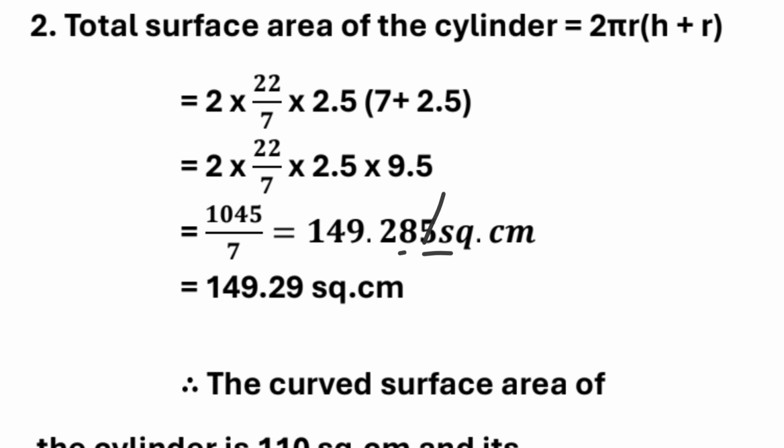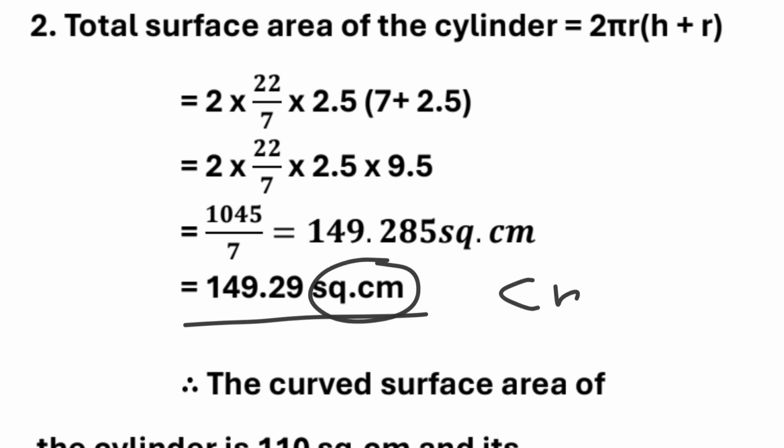Now 5 or bigger than 5, then we add 1 in this place. Therefore, this 8 becomes 9. Therefore, our final answer of the total surface area of the cylinder is equal to 149.29 square centimeter, or you can also write centimeter square instead.